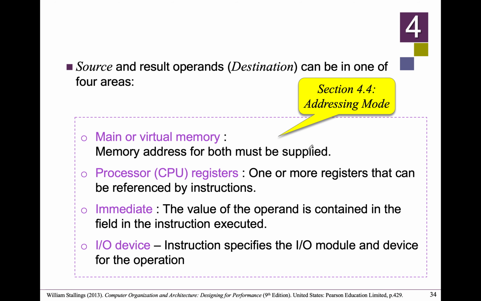Next, under source and result operands, the source or destination result can be in one of these 4 areas.